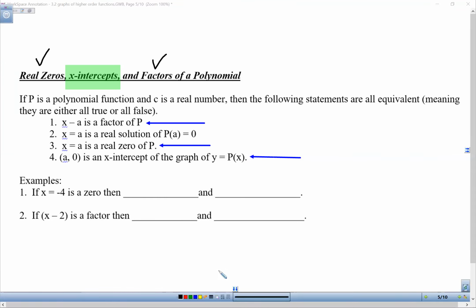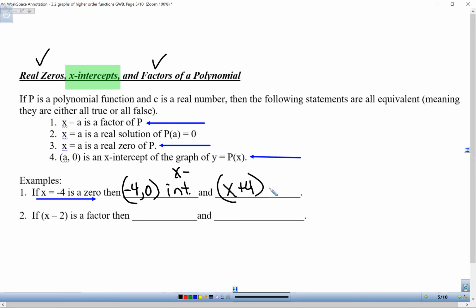So that's the first thing you need to be able to do. We're not even worried about the graph yet. If they give you 1, like here they give us that x minus 4 is a 0. So since x minus 4 is a 0, what that means is -4, 0 is our x-intercept, and x plus 4 is a factor.